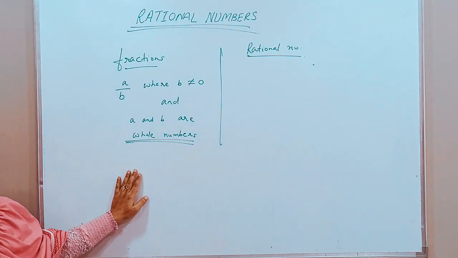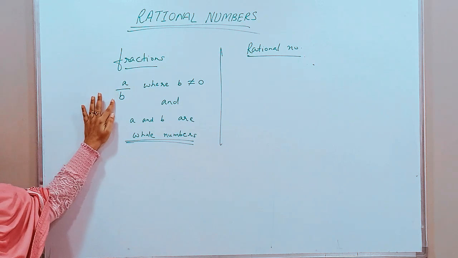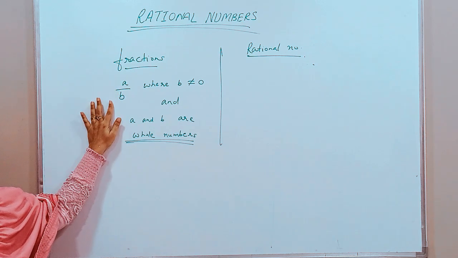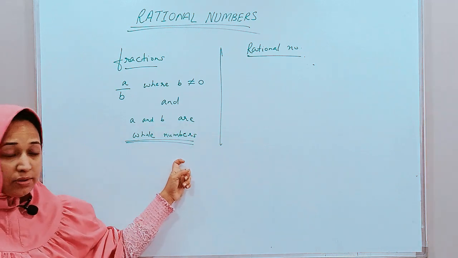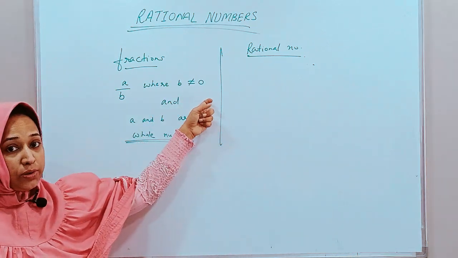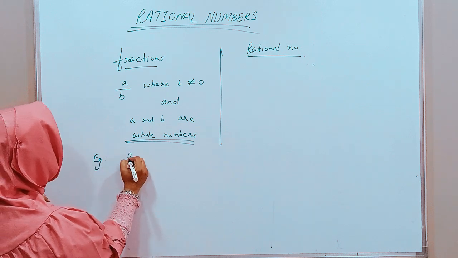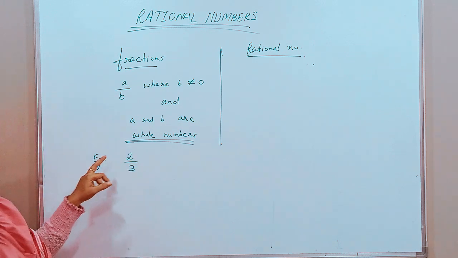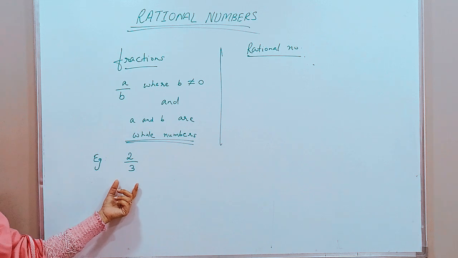Any number in the form a upon b, a and b are the variables, where a and b are whole numbers and b is not equal to 0, becomes a fraction. For example, 2 upon 3, 2 is a whole number, 3 is also a whole number, so this becomes a fraction.